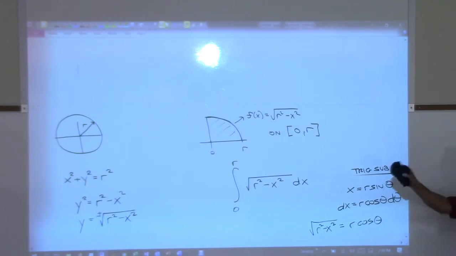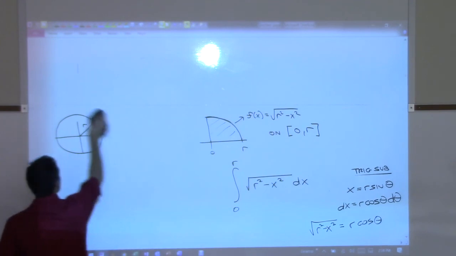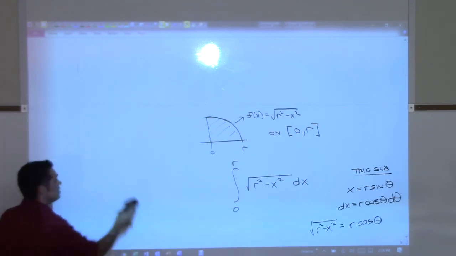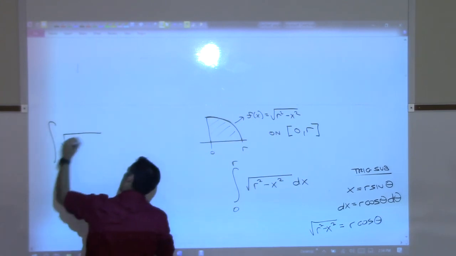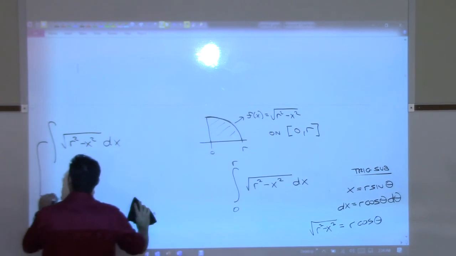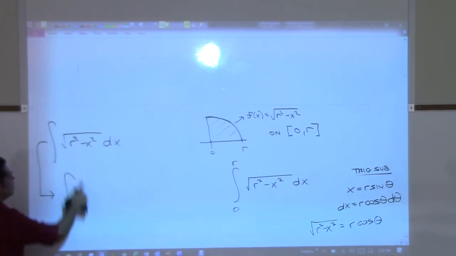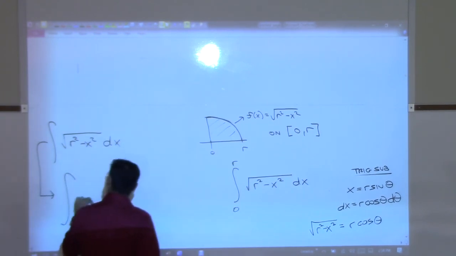Okay, so I'm going to go over here on the side and do what I would refer to as scratch work, because all I'm doing right now is trying to find the antiderivative, so I'm doing this without these limits. What does that integral turn into? That square root thing turns into what? r cosine theta.